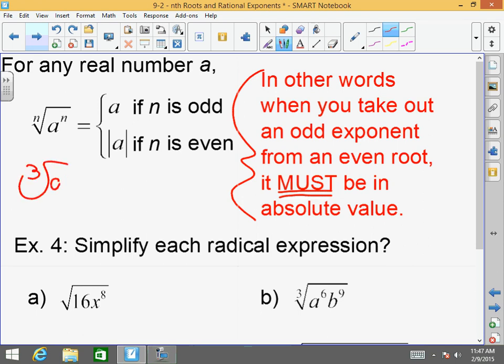The cube root of a cubed equals a. No worries. But the square root of a squared will equal the absolute value of a. Whenever I take out an odd exponent from an even root, it must be an absolute value. Okay?